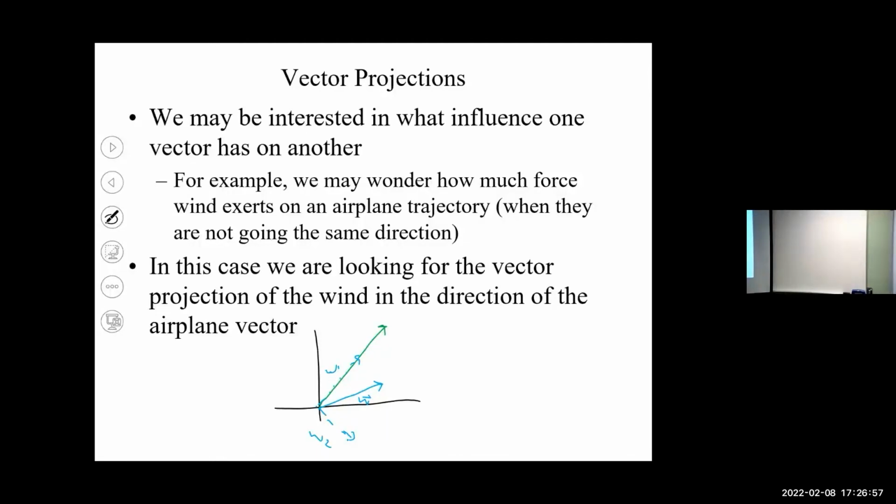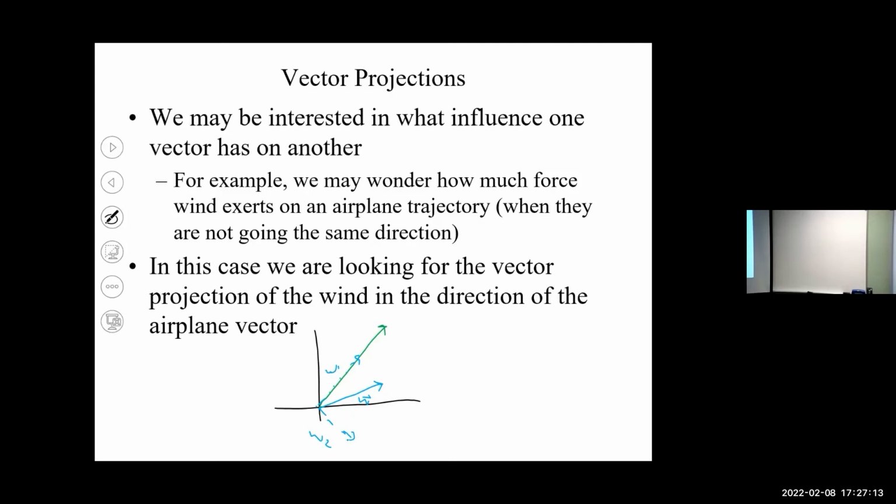So what a vector projection does is it finds the influence of the wind vector in the direction of the plane. That's the way I've always conceptualized what a vector projection does.